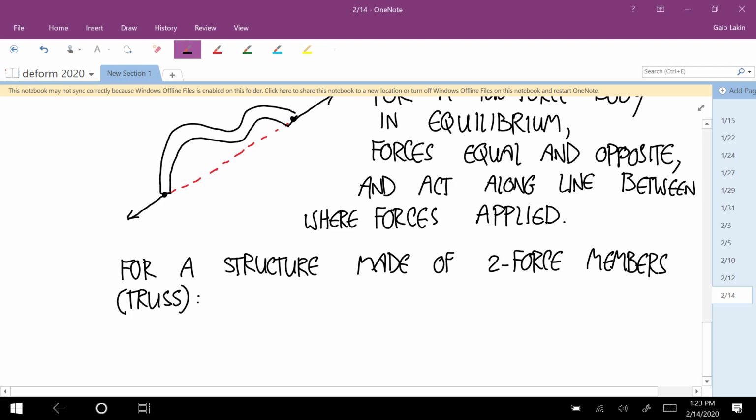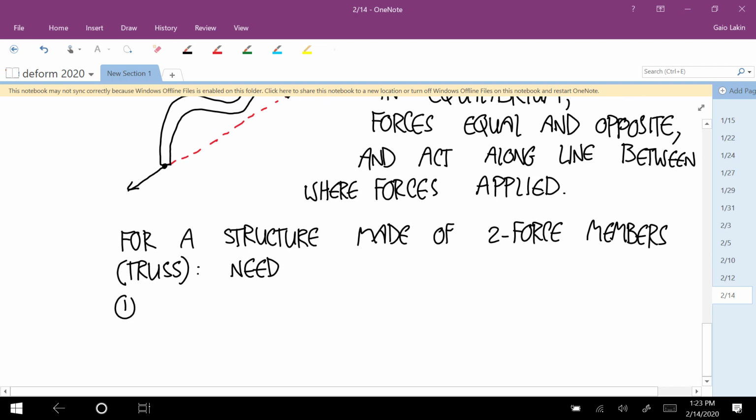In order to make that happen, you need to have negligible weights for the members.